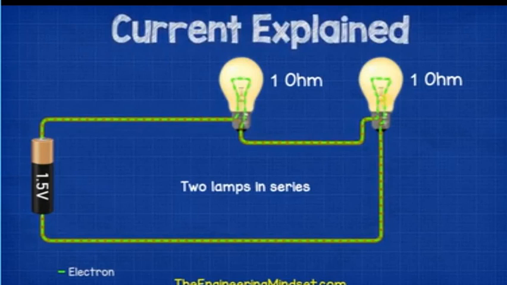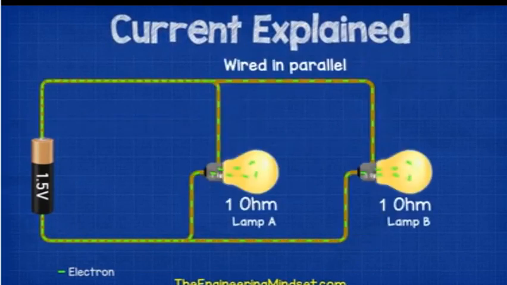The current wouldn't continue to flow. So the moment one bulb goes off, the other bulb effectively also goes off because the circuit is no longer complete. The electrons are moving along the wire, back through the bulb, through the cell. So if one of the bulbs breaks, the circuit is no longer complete and both lights go off.